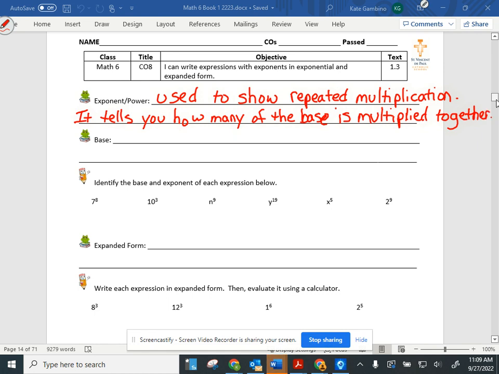So it's the little number up on the right. When we look down here, it's that little number up on the right. That is our exponent or our power.